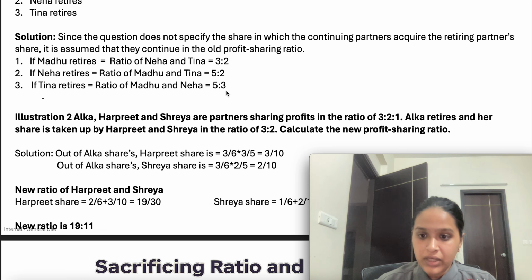It means both Harpreet's and Shreya's profit shares will be increased by Alka's share, but how much is added, we need to work out by multiplying in the ratio 3:2.